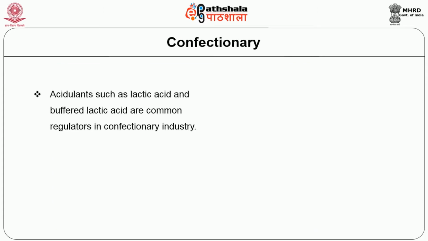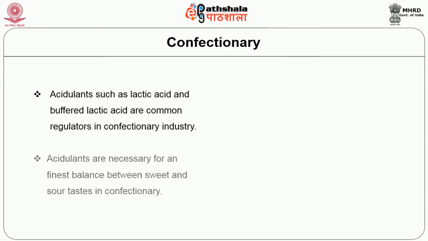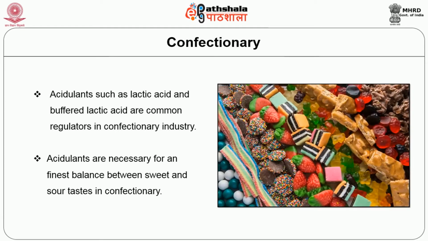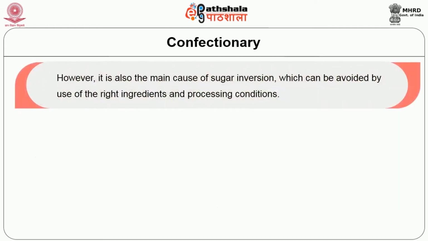Confectionery. Acidulants such as lactic acid and buffered lactic acid are common regulators in the confectionery industry. Acidulants are necessary for a fine balance between sweet and sour taste in confectionery. However, it is also the main cause of sugar inversion, which can be avoided by use of the right ingredients and processing conditions.